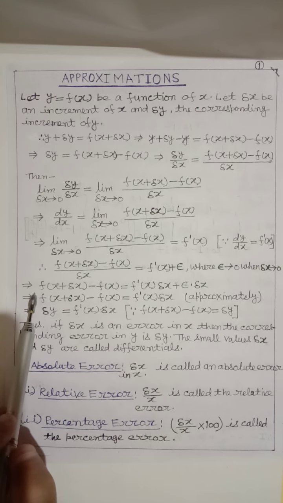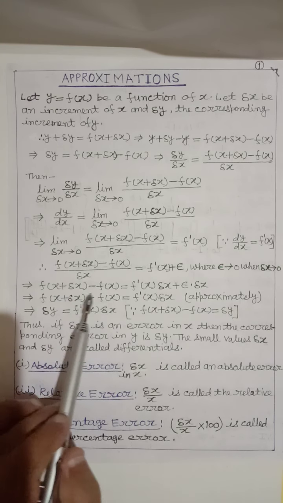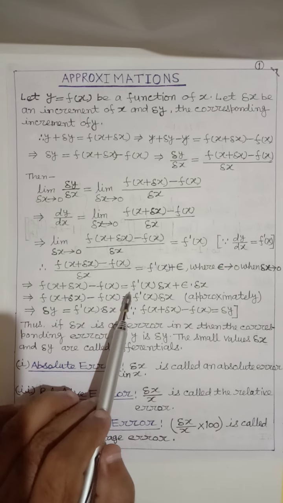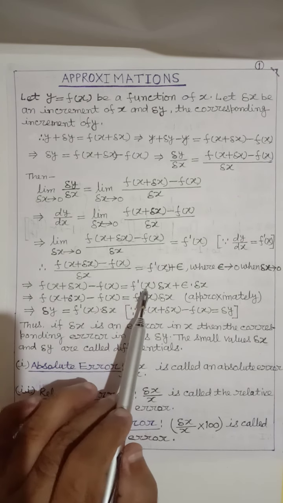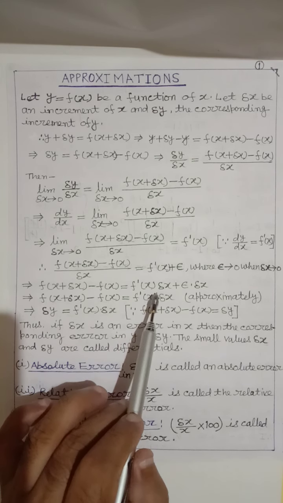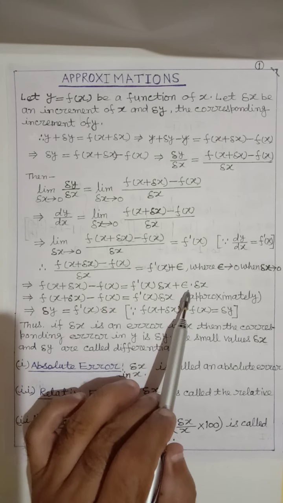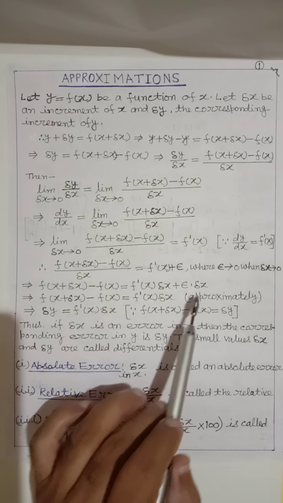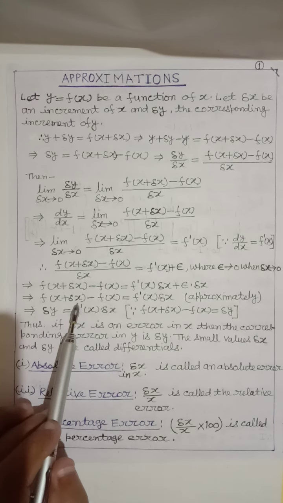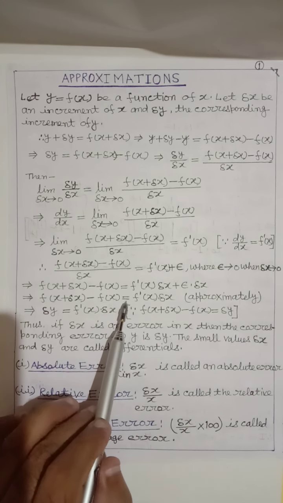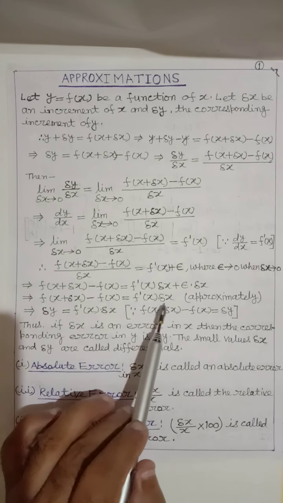And this implies that, here we cross multiply, we get f of x plus del x minus f(x) equal to f dash x into del x plus epsilon into del x, and this implies that f of x plus del x minus f(x) equals f dash x into del x.